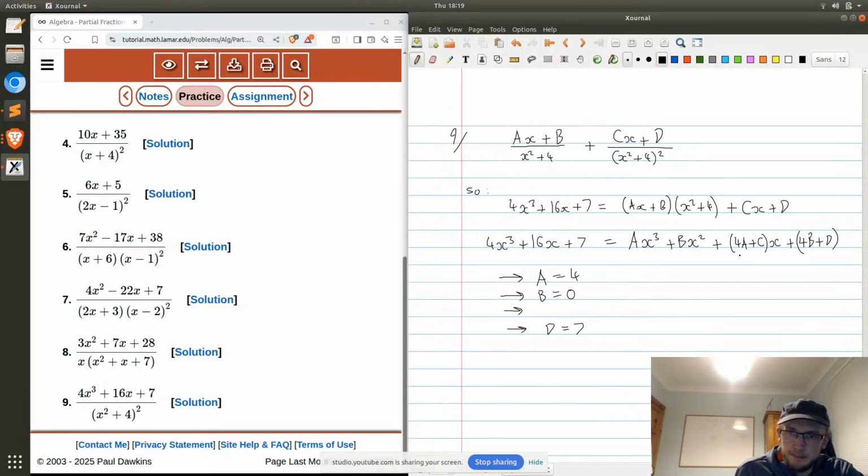And finally, if a is equal to 4, 4 times 4 is of course 16. And 16 plus c has to equal 16 itself. So I think c is 0 as well.